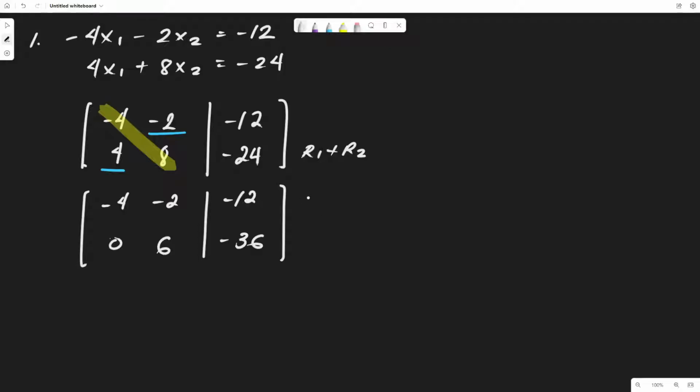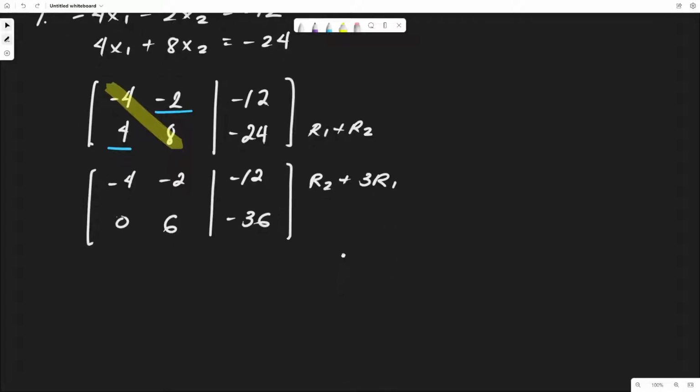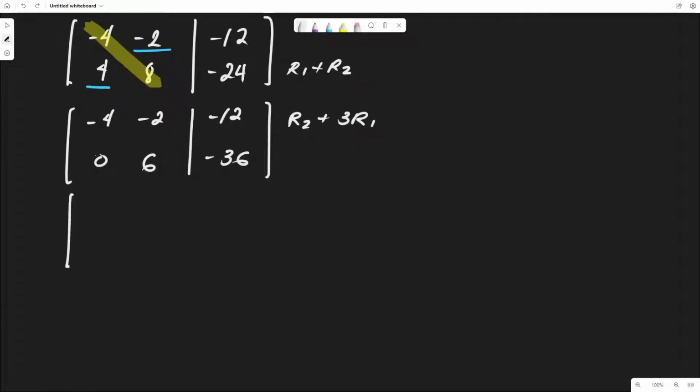So, ito naman yung negative 2. We can use R2 plus 3R1, pwede yan. 3R1 para mag 6. So, we have here 0, 6, negative 36.